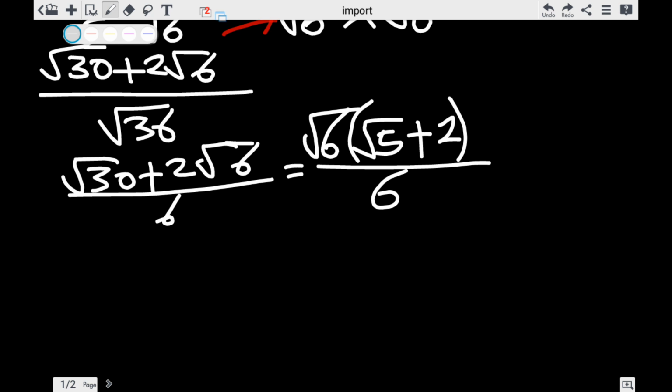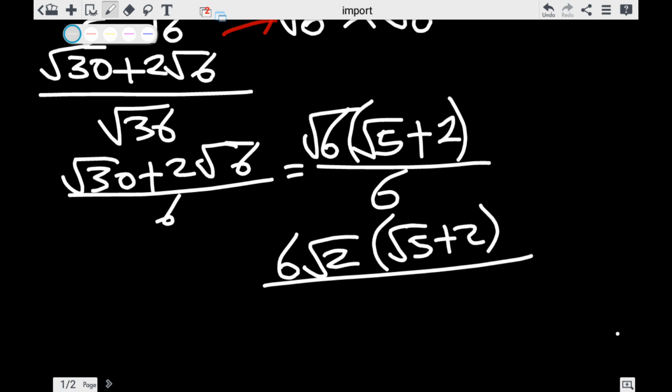But if it is something like 6 root 5 plus 2 over 6, you can divide it, because this 6 is multiplied to the square root symbol, and so you use division to undo multiplication. So you can divide these two numbers in this case, but for this you cannot divide them.